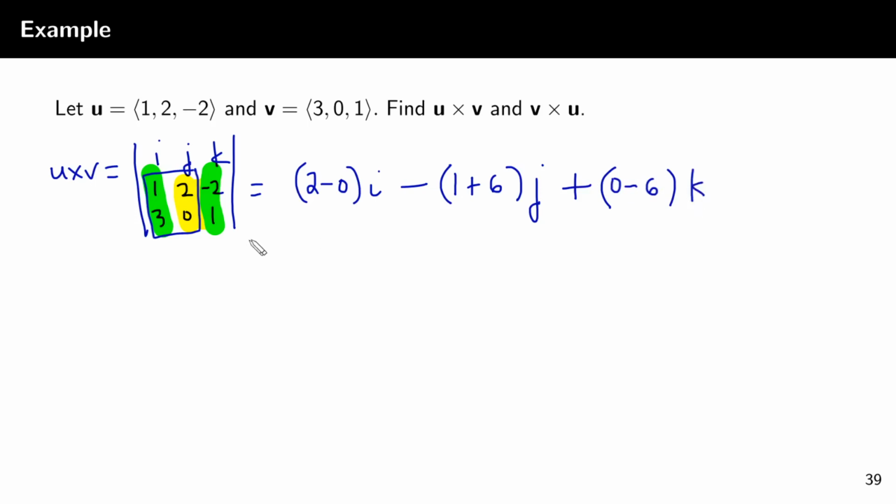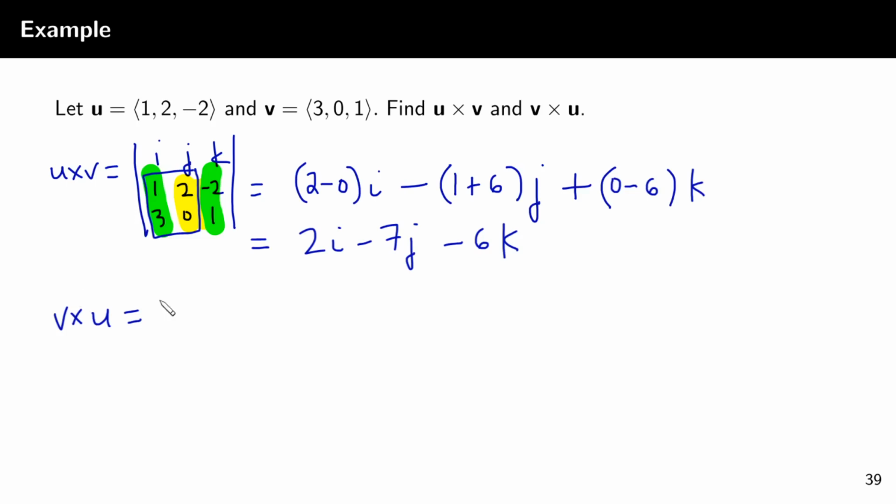And then times k. So, 2 minus 0 is of course 2. So, 2i lang yan. So, 1 plus 6 is 7. So, negative 7j. And then 0 minus 6 is negative 6. Negative 6k. So, on your own, try to use the same method for computing the cross product of v and u.